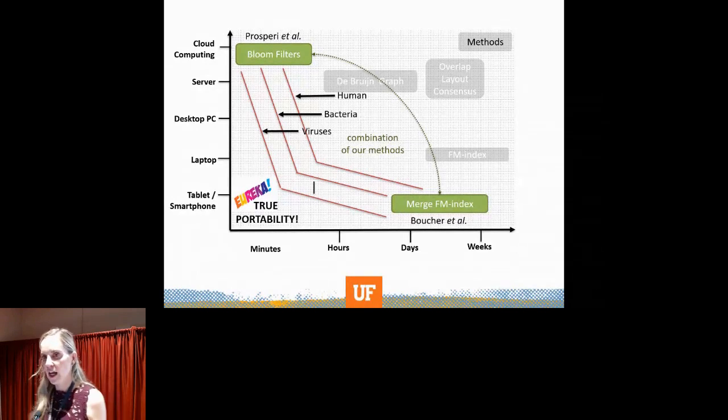So the question then became, how do we combine machine learning with these succinct data structures in order to enable the analysis to be done on the device? That was the true computational approach in order to deliver the results of achieving portability.